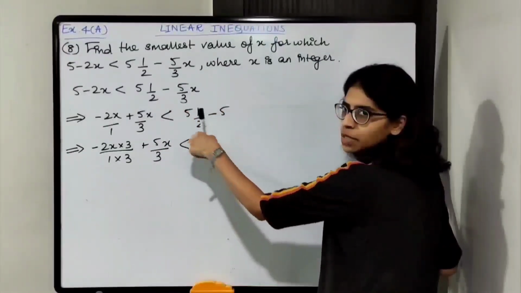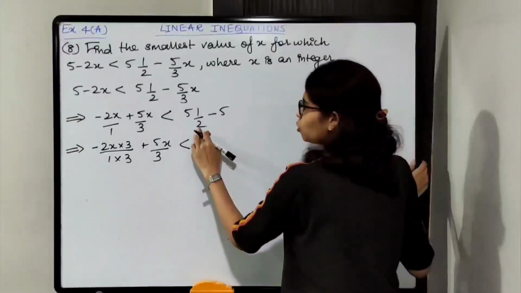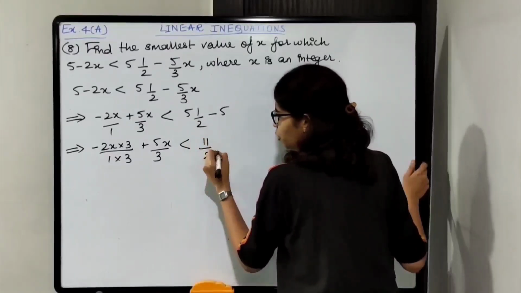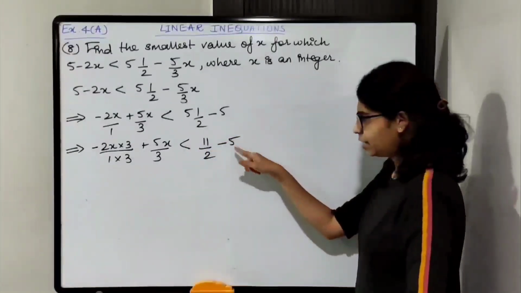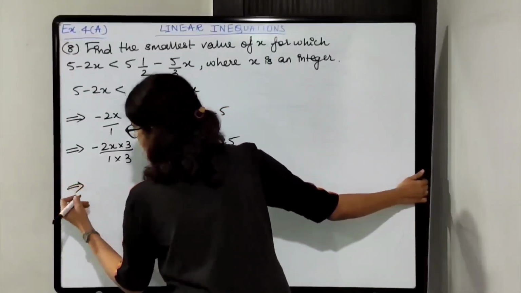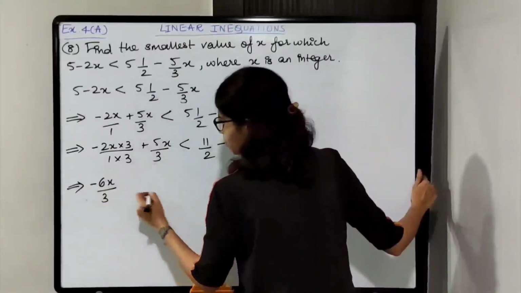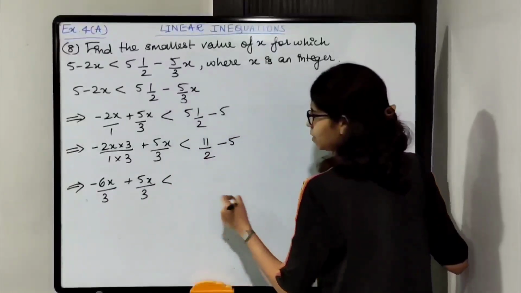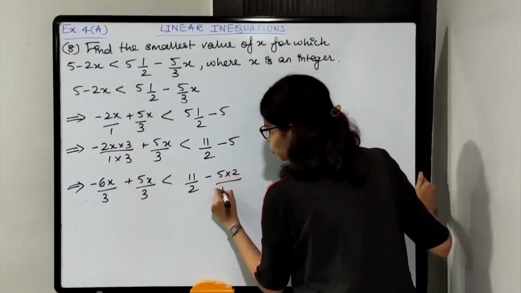We'll solve this mixed fraction first. ये mixed fraction है. So 2 5s are 10, 10 plus 1 is 11 upon 2. Okay, minus 5. Again here we need to take LCM. So minus 6x upon 3 plus 5x upon 3 is less than 11 by 2 minus 5 into 2 upon 1 into 2.